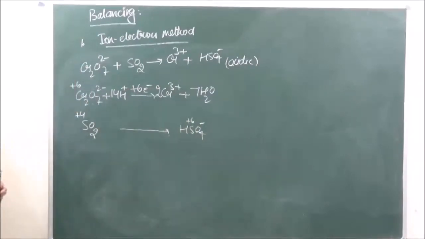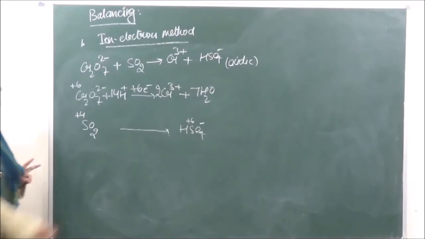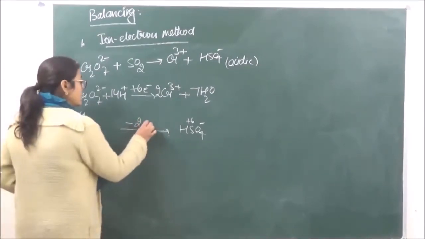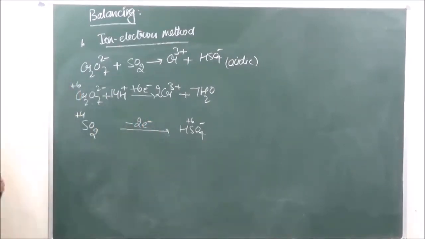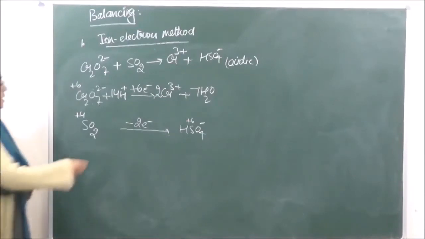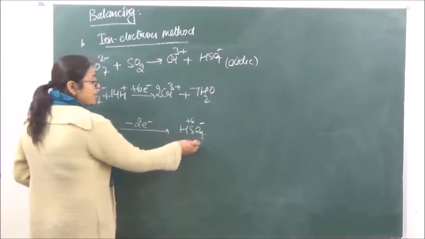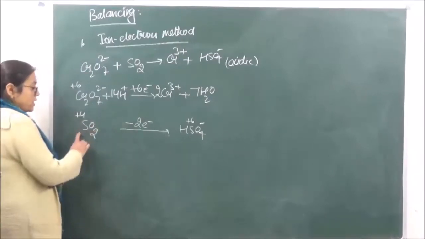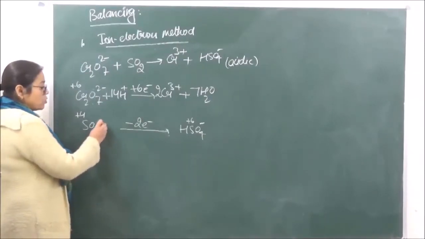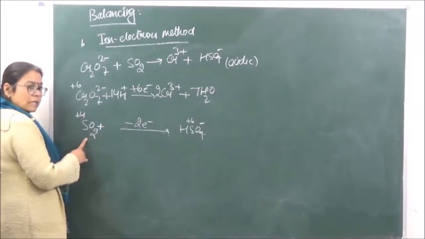So what is the number of electron exchange taking place over here? 2. So there are 2 electrons lost. Now let's balance the oxygen. You can see that oxygen is greater on the right hand side, so you need to put those many oxygens over here. 4 minus 2, that is equal to 2.